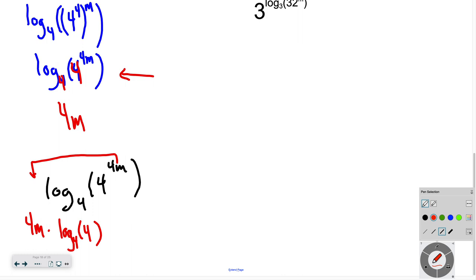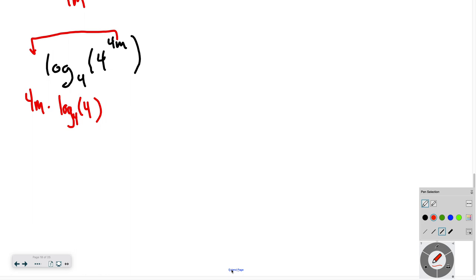We started talking about this yesterday. Log base 4, just this piece right here, log base 4 of 4.